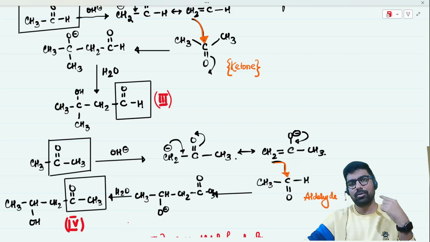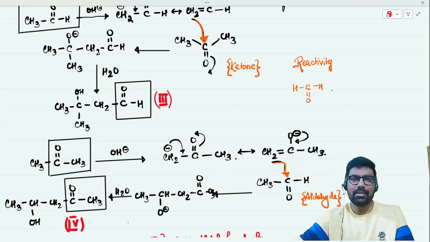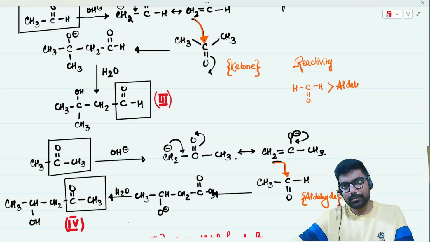So who do you think has more reactivity? In the carbonyl chapter, we say that the reactivity lies in the sequence: formaldehyde, HCHO, has the highest reactivity because there are two small hydrogens, followed by aldehydes and then followed by ketones.